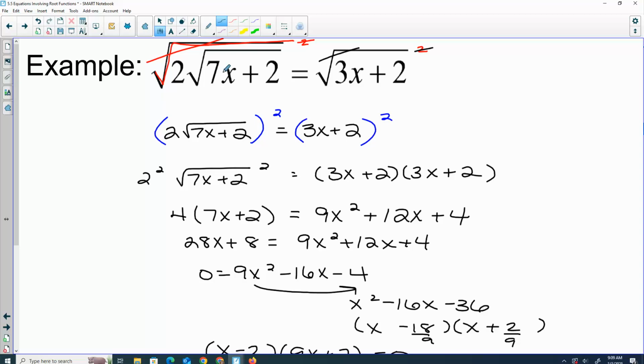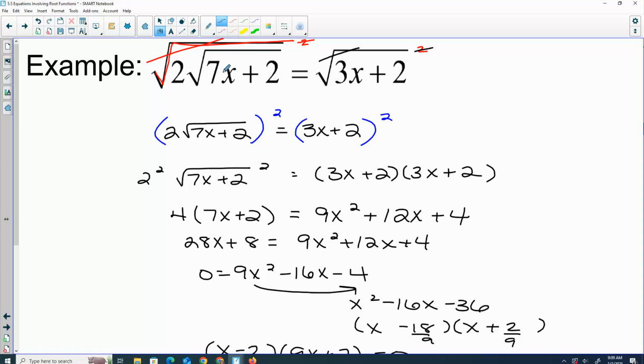You have to plug in same number on both sides. So if I put in my 2, do you get the same thing on both sides? Everybody should be checking them, not just me. Yep, 2 works.